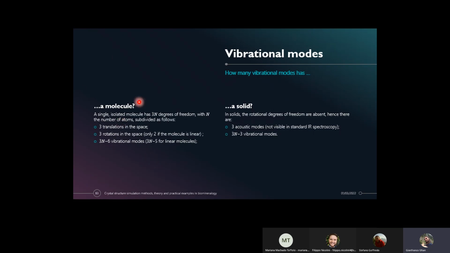For an isolated molecule, I have 3 translations in space. So 3 degrees of freedom are taken by translations in space, and 3 rotations along the 3 axes. So another 3 degrees of freedom are taken away. And I have 3n minus 6 vibrational modes. If the molecule is linear, it is 3n minus 5, because one rotation is equivalent.